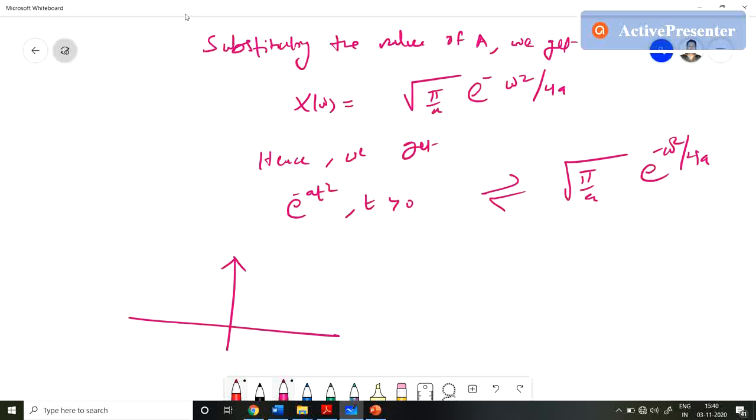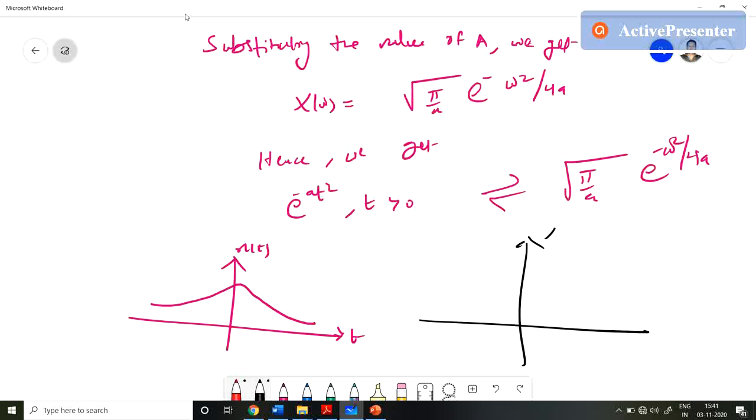So this is our x(t) in the time domain, and this is our X(omega) in the frequency domain.